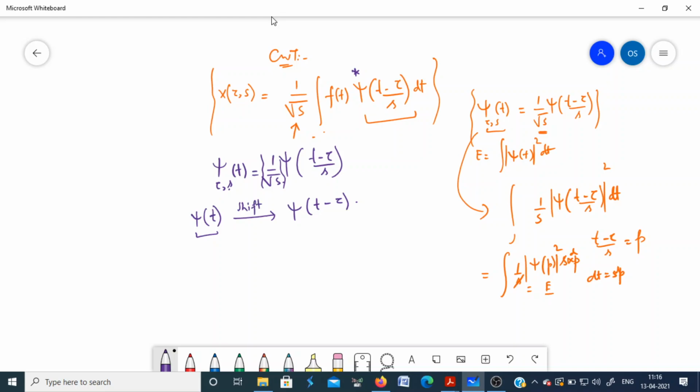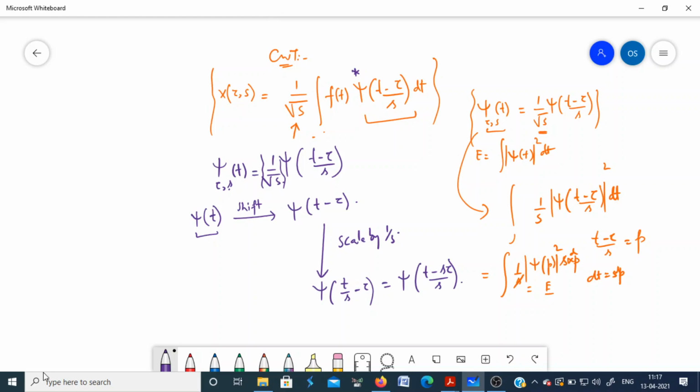Okay, so if tau is positive, psi of t minus tau is basically shifted to the right by tau units, and then you scale it by 1 by s. Now when you scale it, your t will become t by s, so it will become psi of t by s minus tau, or you can say it becomes psi of t minus s tau by s.